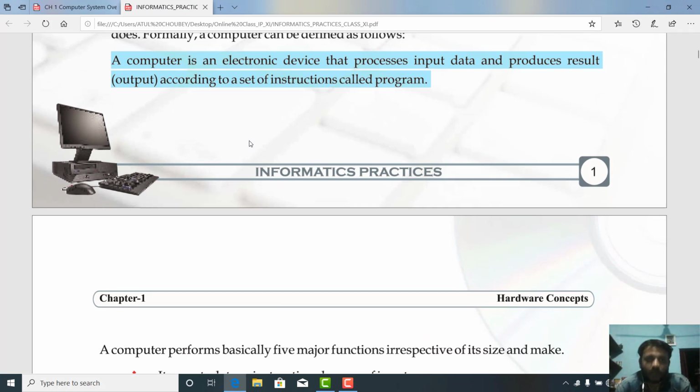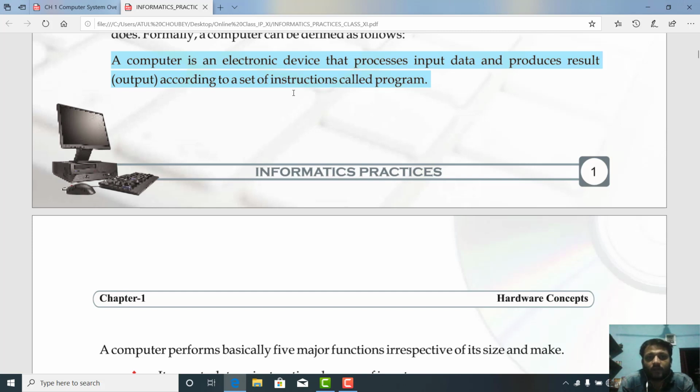What is the computer? A computer is an electronic device that processes input data and produces result as output according to the set of instructions called program.